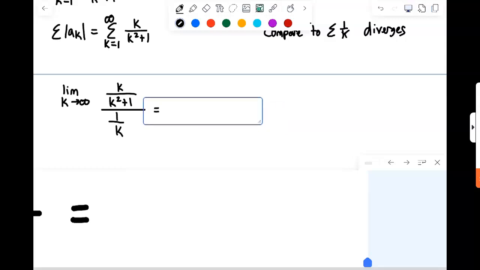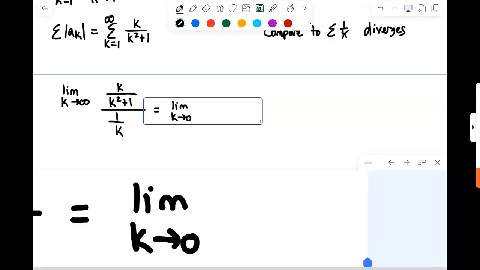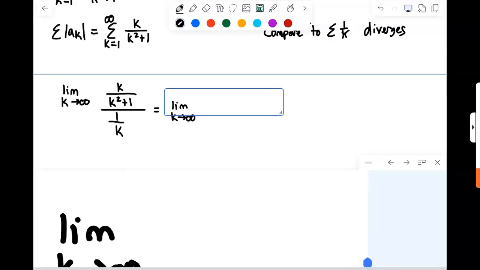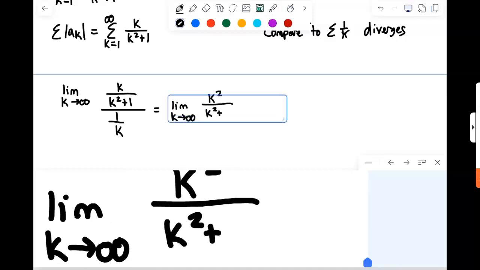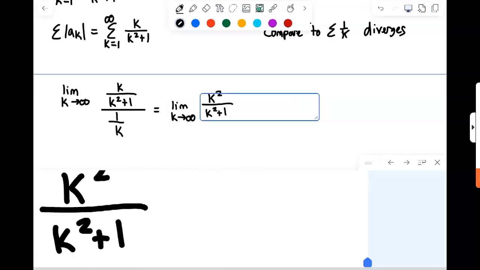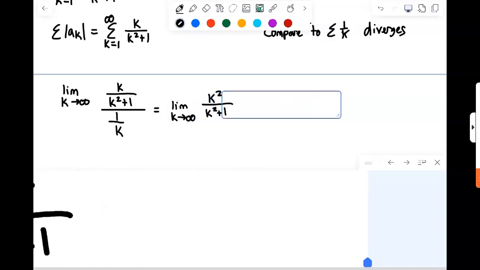That would simplify to be the limit as k goes to infinity of k squared over k squared plus 1. And again, the plus 1 is not going to really matter. So we're going to have limit of k squared over k squared, which is 1.